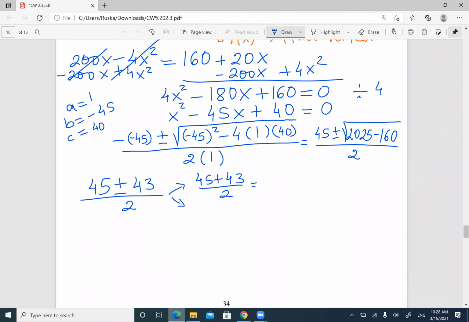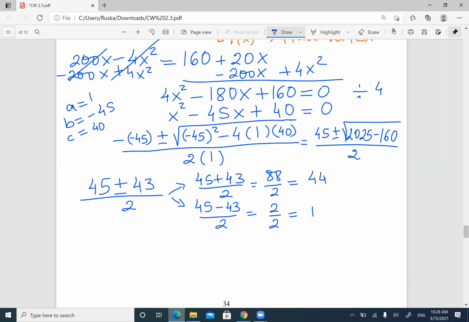And that's going to be 45 plus 43 is 88, divided by 2 is 44. And the other one is 45 minus 43 over 2. So that's going to be what? 1, right? Which is 2 over 2 is 1, yeah.